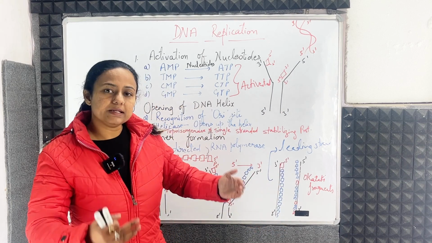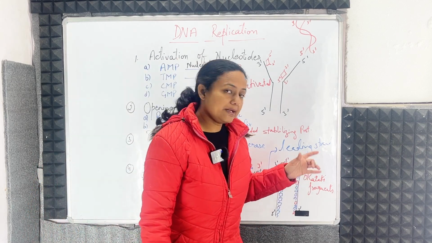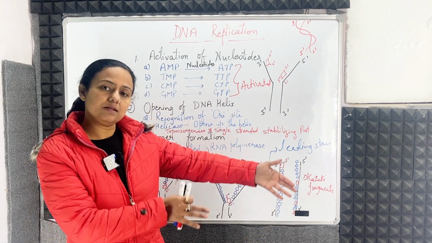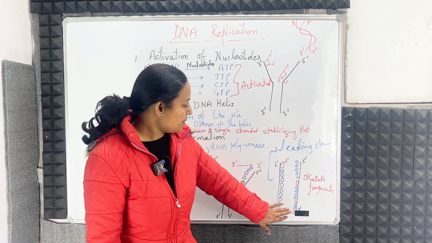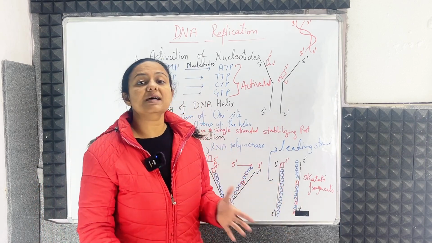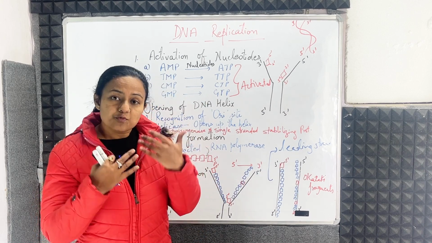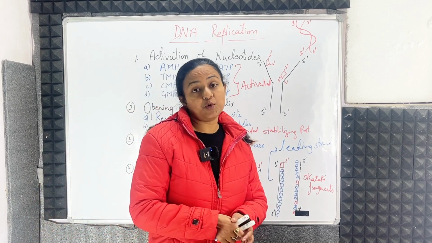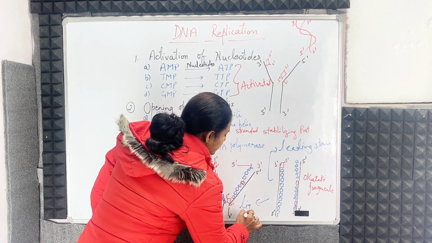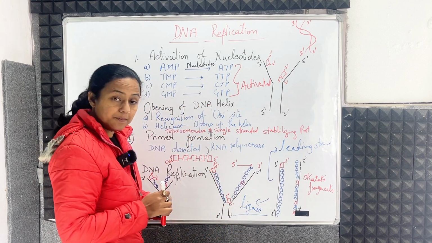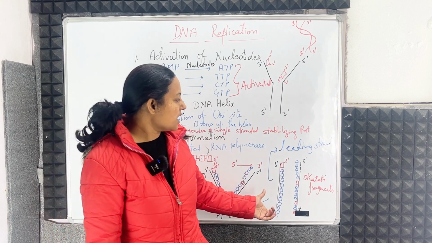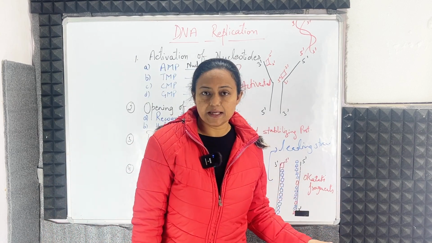Now at last, both complementary strands have the other strand along with them. Now we want these Okazaki fragments to attach. Which enzyme will help here? It will be ligase. Ligase will help in attaching all these Okazaki fragments, and this is how your DNA replicates.